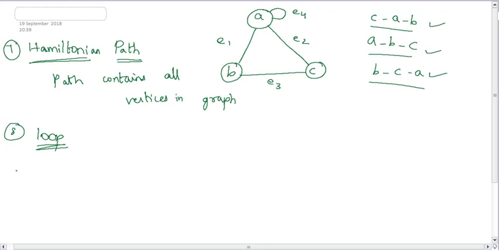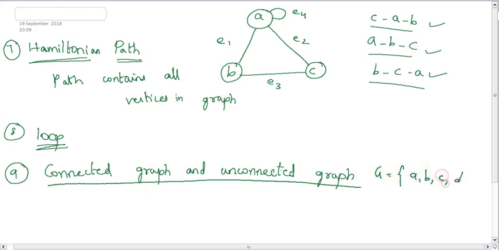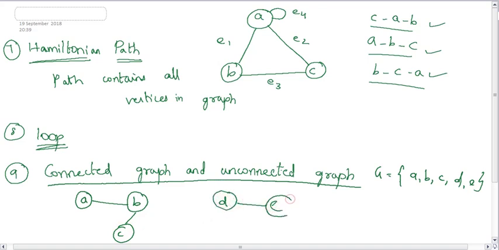Now, let us come to the concept of connected graph and unconnected graph. So let us now consider a graph G that has vertices A, B, C, D and E. Got it? So it has 5 vertices. Let me take the graph in this manner. So A, B and C, and D, E. If you ask me, is this a connected graph?